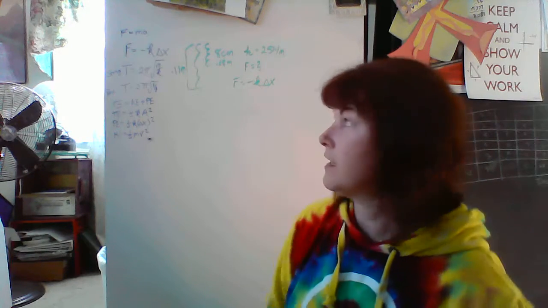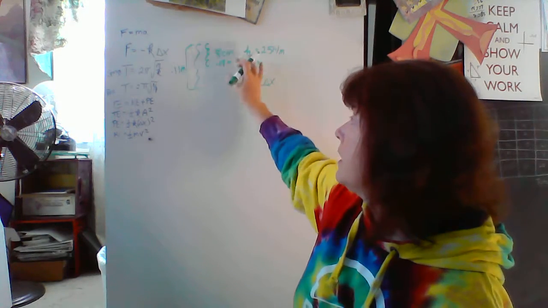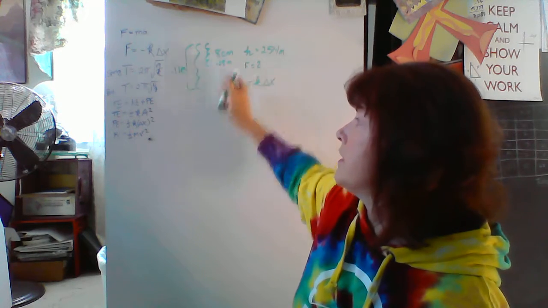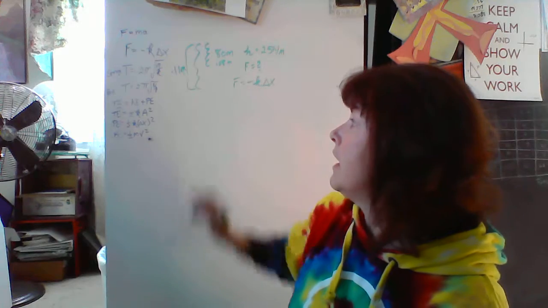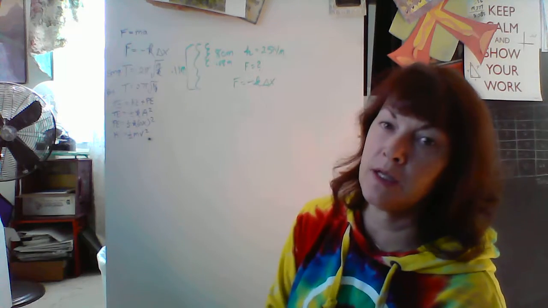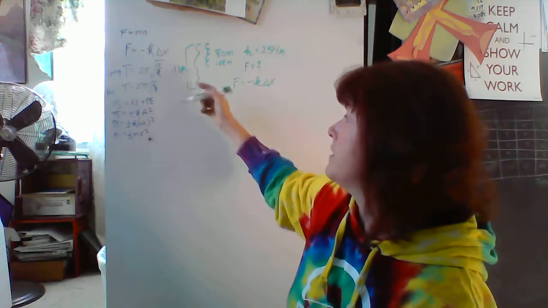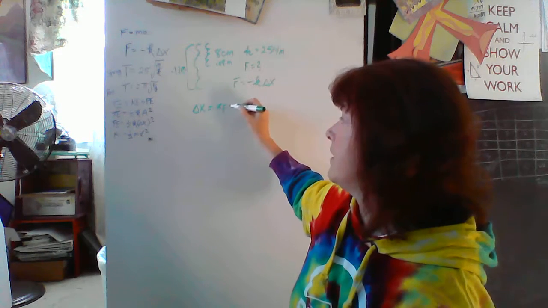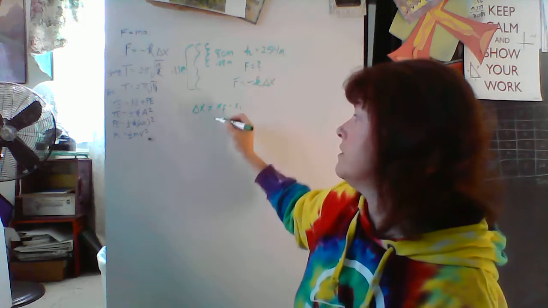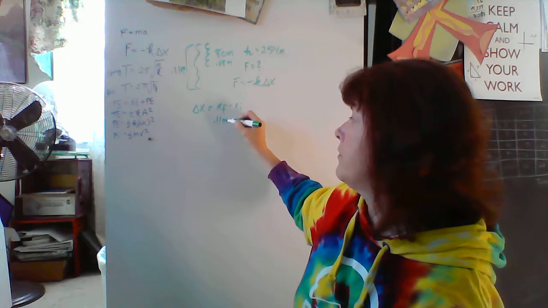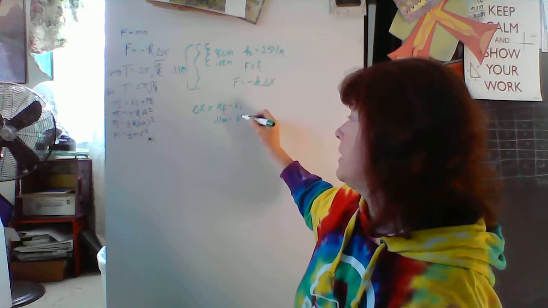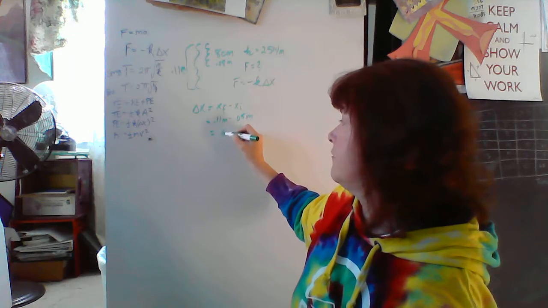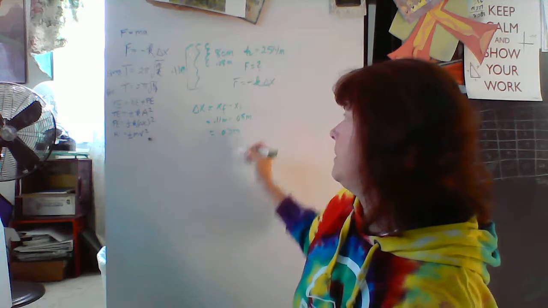And so then I have to think, what do I have? I'm given the equilibrium distance, which the resting spring is 0.08 meters, and I'm going to stretch it to 0.11 meters. And so my change in x is going to be the x final minus the x initial. So it's going to be 0.11 meters minus 0.08 meters, giving me a delta x of 0.03 meters.